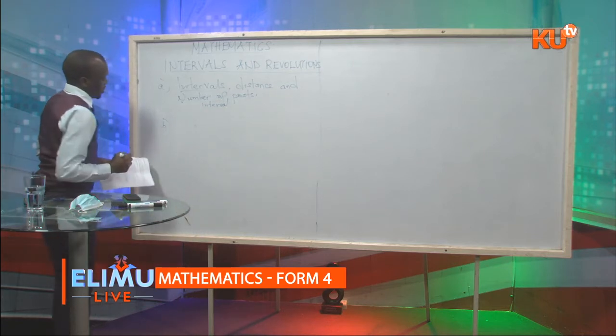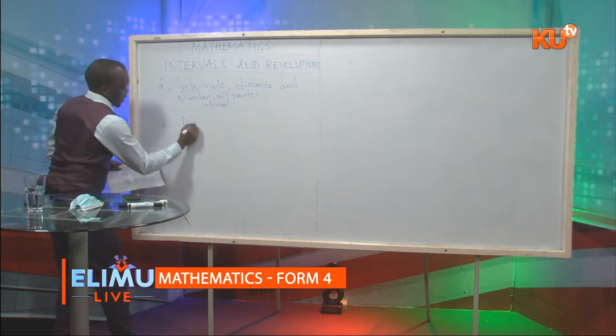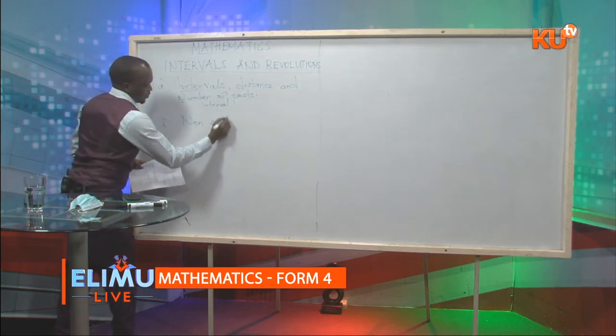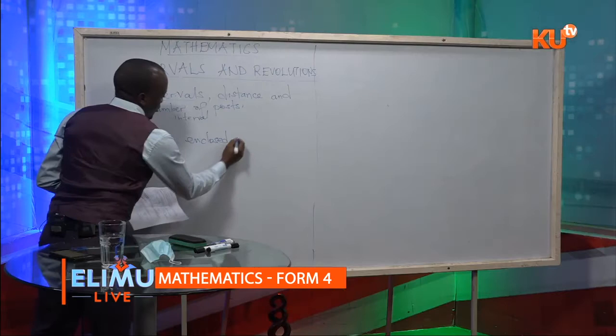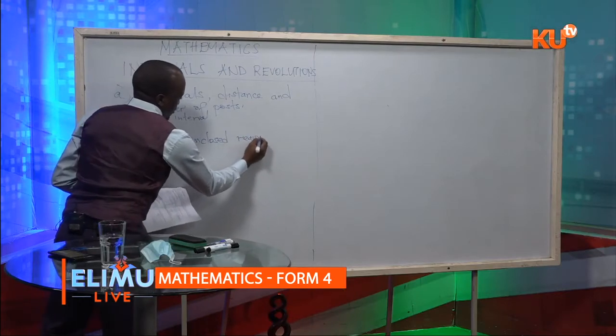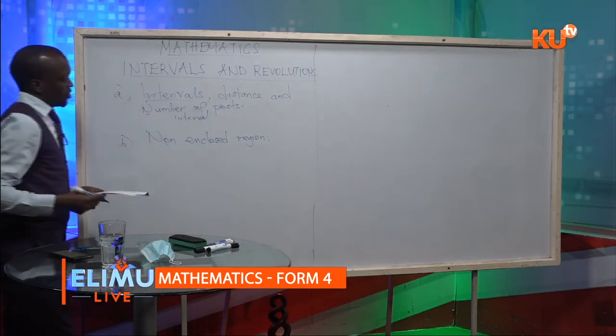Let's give it B. I'll call it a non-enclosed region, a region that is not enclosed.